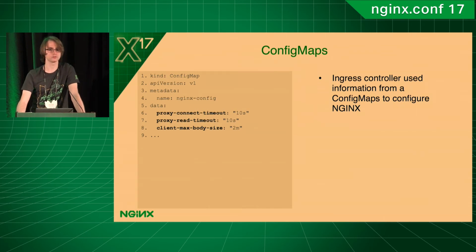So there is a ConfigMap resource that you can deploy in Kubernetes, and this resource allows you to define key-value string pairs, and the NGINX Ingress controller can understand those values that you put in the ConfigMap and immediately apply them, changing the NGINX configuration accordingly. So this allows you to fine-tune NGINX behavior.